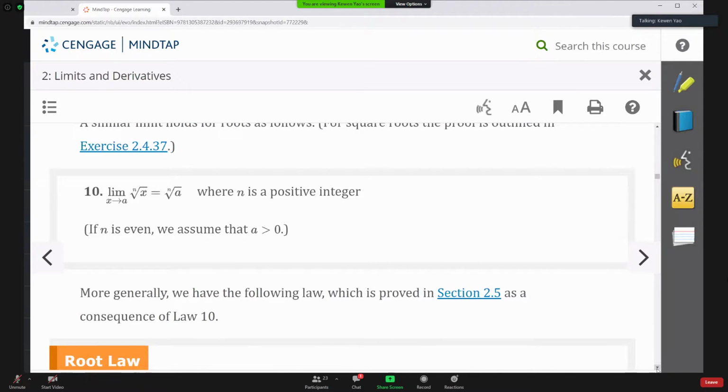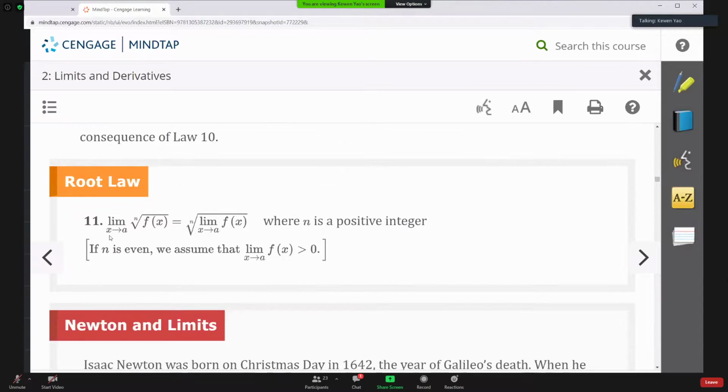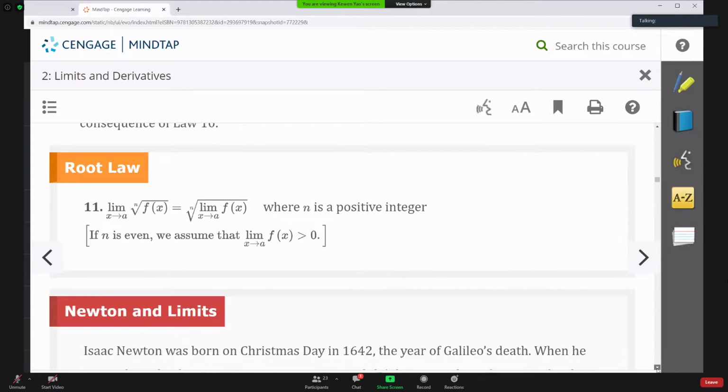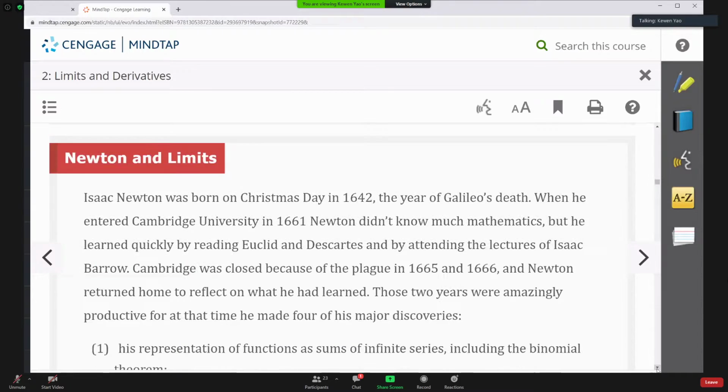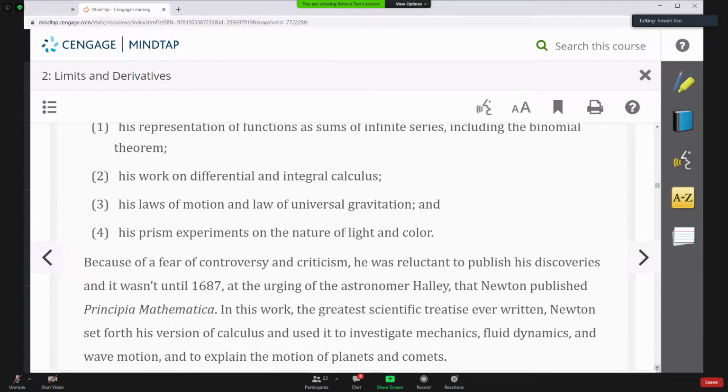Now you have the root law, law number 11: the limit of the nth root of f(x) as x approaches a is equal to the nth root of the limit of f(x). You can put the limit inside. So we have learned 11 laws, 11 rules.